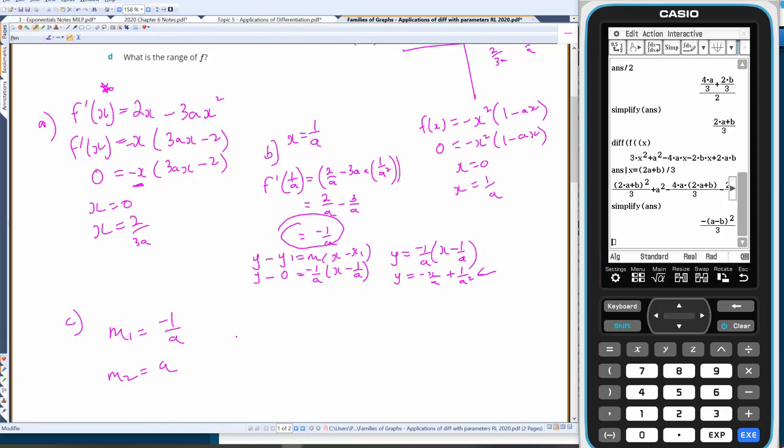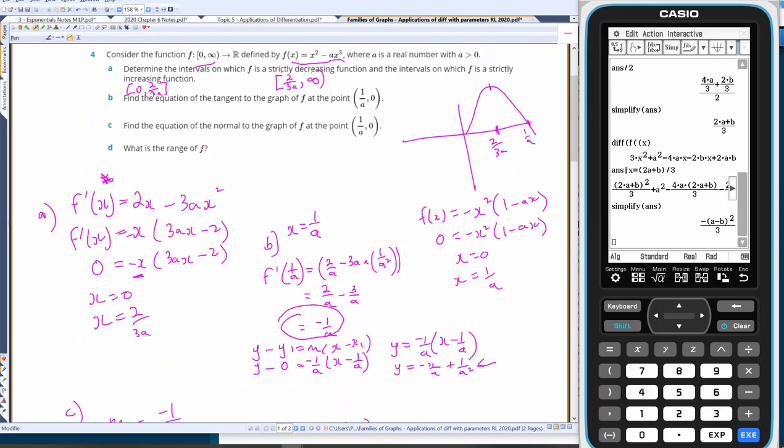It's going to be A. So let's redo this. y take y1 equals m, x take x1, y take 0 equals m, which in this case is A, x take 1 on A. y equals Ax take away A on A, y equals Ax take 1. All right, so there's our equation of the normal at that point.